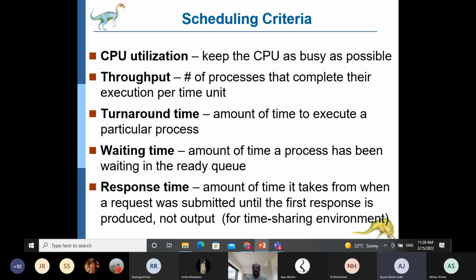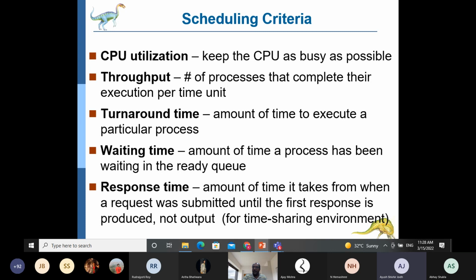So the response time is the time interval between giving a request and receiving the first response. Mostly in the case of interactive applications, this response time is very important. The response time is crucial, right?